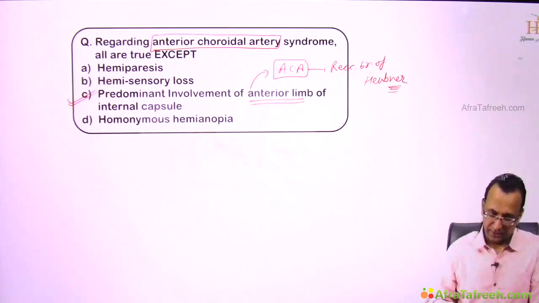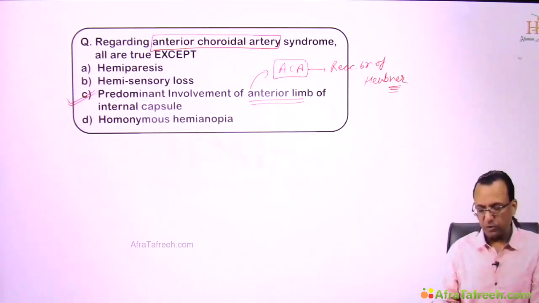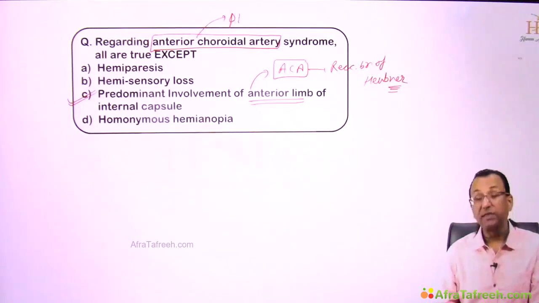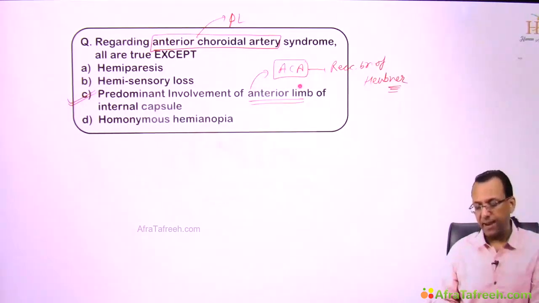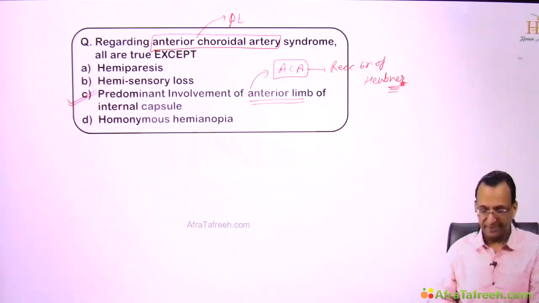So anterior choroidal artery supplies the posterior limb of internal capsule. That's why there's no problem with anterior limb. The anterior limb of internal capsule is supplied by anterior cerebral artery, which is a recurrent branch of Heubner. That is the answer. So there will be homonymous hemianopia. Yes, that is there. And there will be some sensory motor loss.